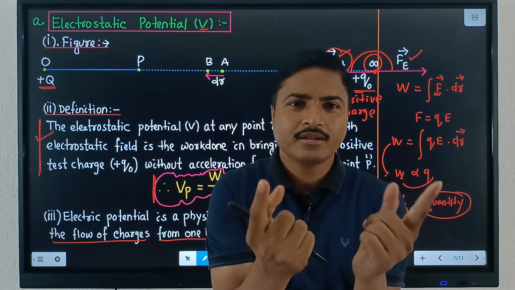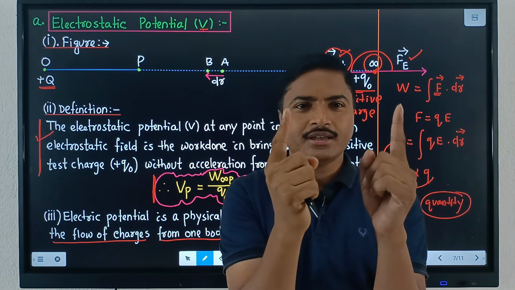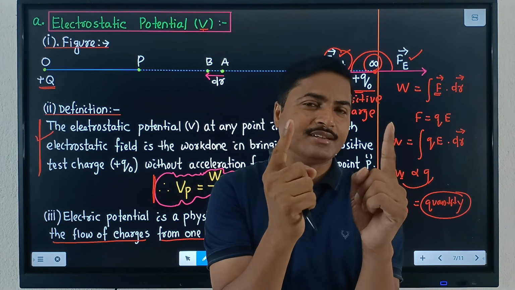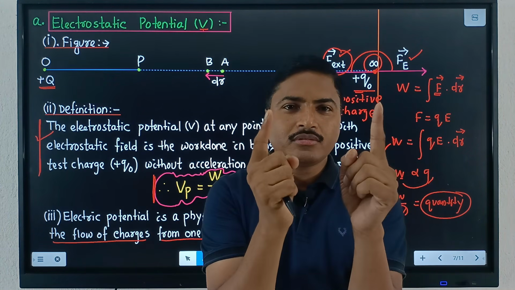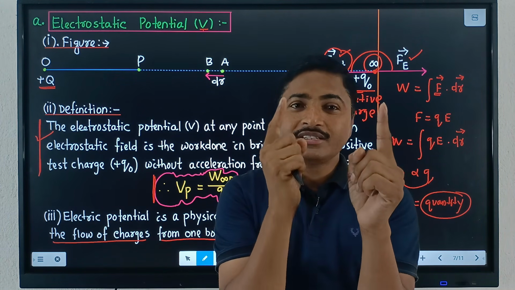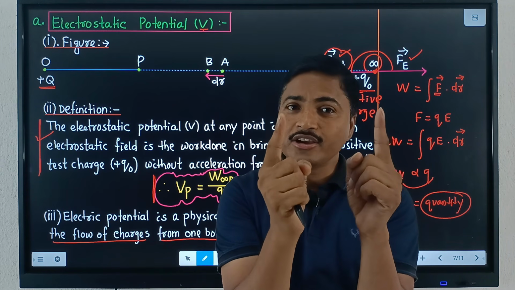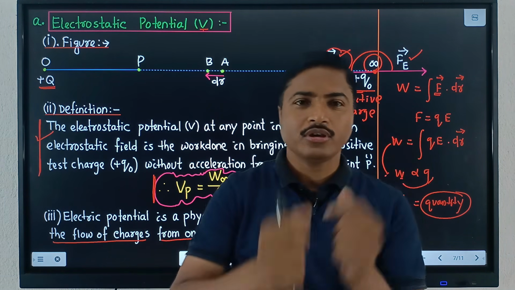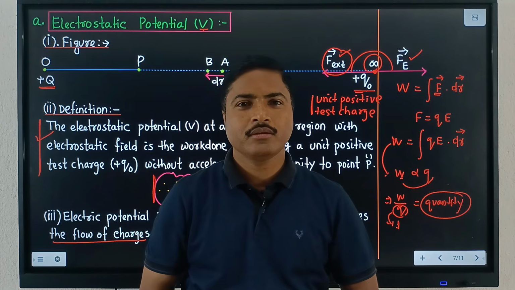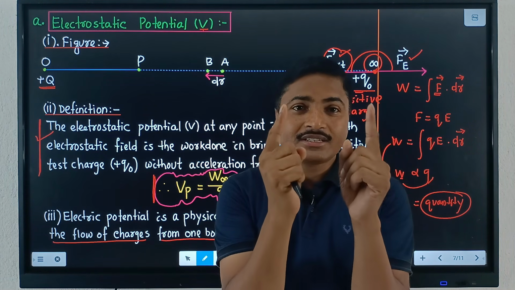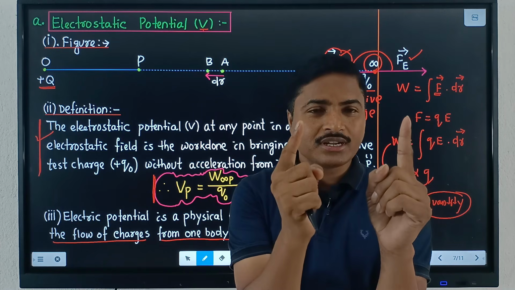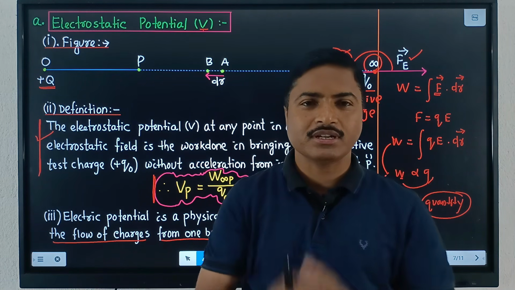Or you can also write the first one is positively charged, the second one is negatively charged, same thing. Then the positive charges start to flow from the higher potential to the lower potential. Or we also say that the negative charges start to flow from the lower potential to the higher potential.